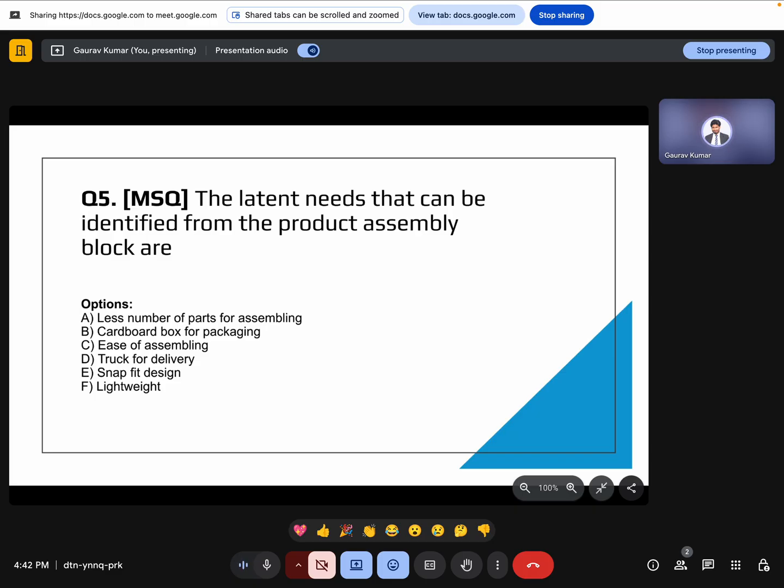So this makes assembling quicker and reduces errors, right? And the other options are unrelated to assembly. Picking with cardboard, trucks for delivery, or lightweight design are important features in other stages, but they do not directly simplify assembly.